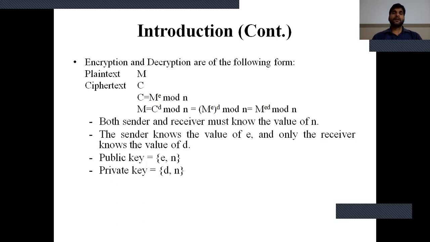The plain text is recovered from the ciphertext by using this equation: M equals C to the power D mod N.